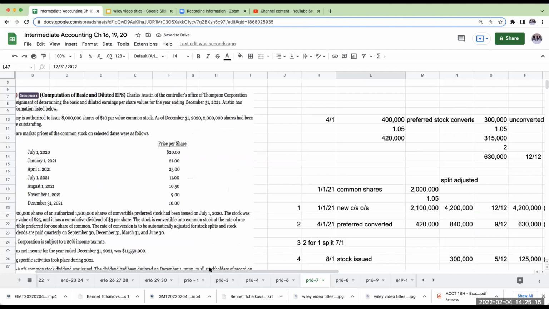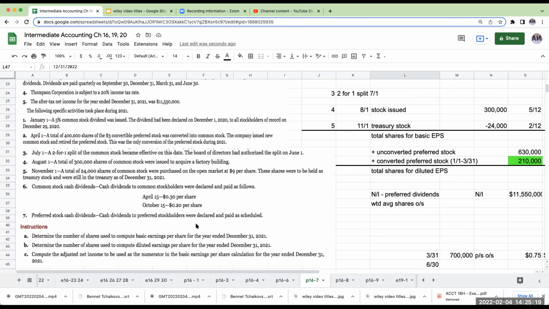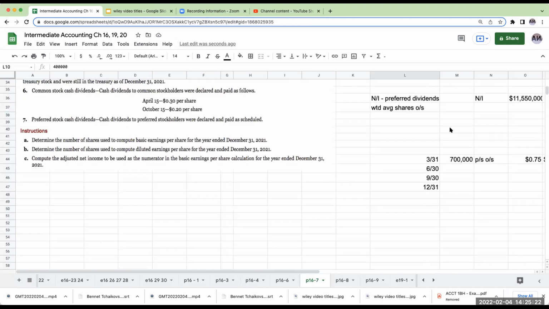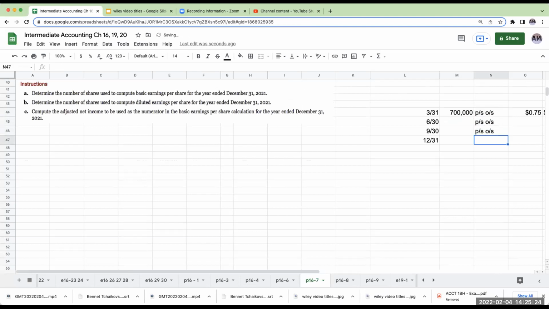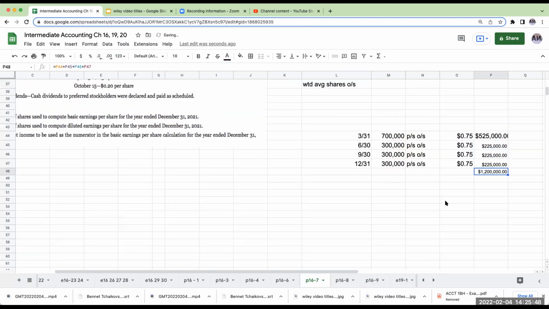Well, over here on these dates, I converted 400,000 shares. So my preferred shares outstanding on these dates is just going to be 300,000. And it's going to be at that same dividend rate of 75 cents per share. So I've got 1.2 million.